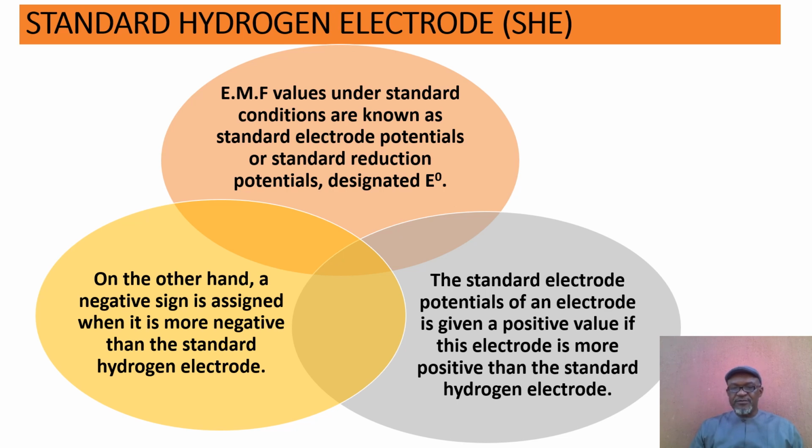So if it is more positive, it is given a positive value. On the other hand, a negative value is assigned when it is more negative than the standard hydrogen electrode. So you see, like I said in the activity series, those that have positive values are more positive than the hydrogen electrode, and those that have negative values are more negative than the hydrogen electrode. And the standard hydrogen electrode itself will be in the middle at 0.00 volts.